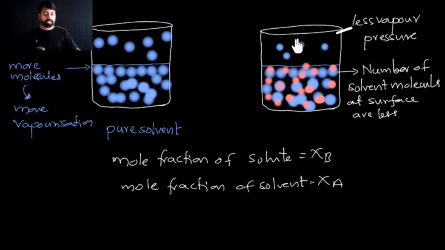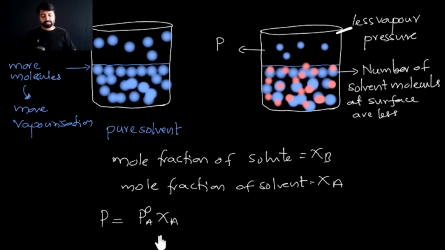The pressure created at this point is taken as P, and this pressure can be given using Raoult's law: P is equal to P naught A into XA, where XA is the mole fraction of solvent. This is the pressure we get here.